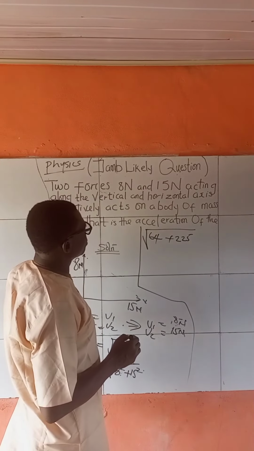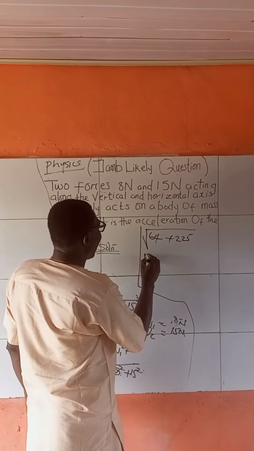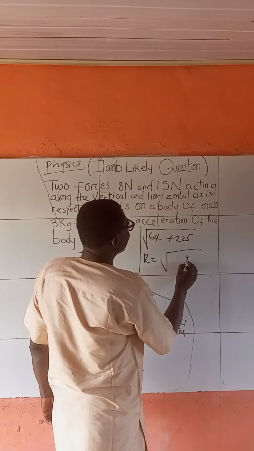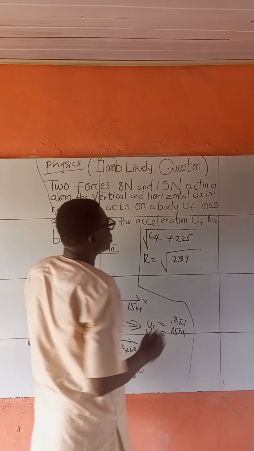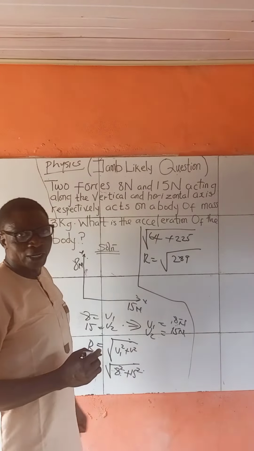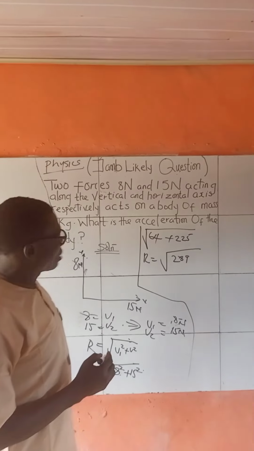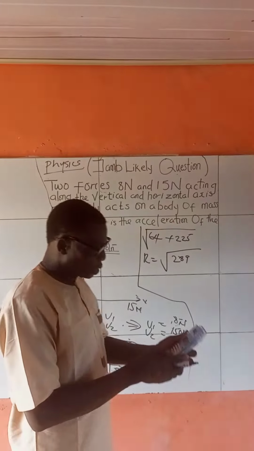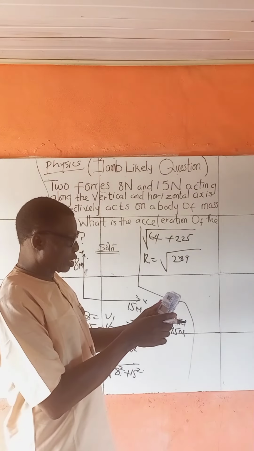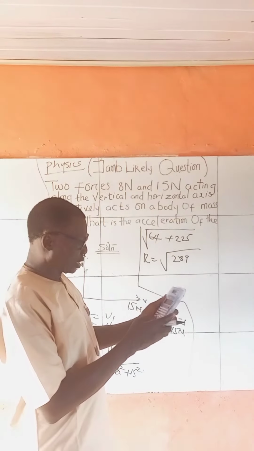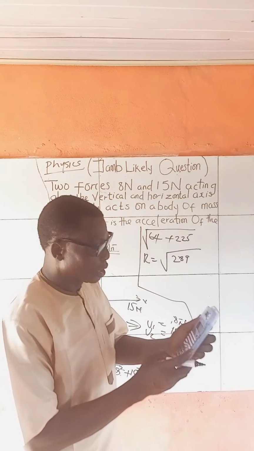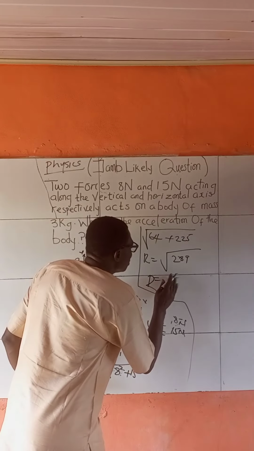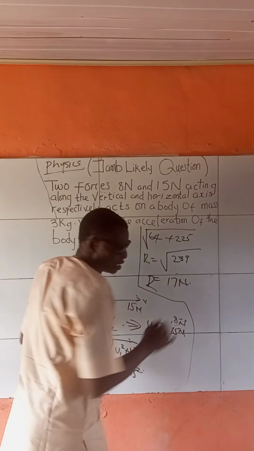Now, adding the two of them together, 64 plus 225 gives 289. So R, the resultant, is the square root of 289, and the square root of 289 gives me 17. Which means that my R is equal to 17 Newton.